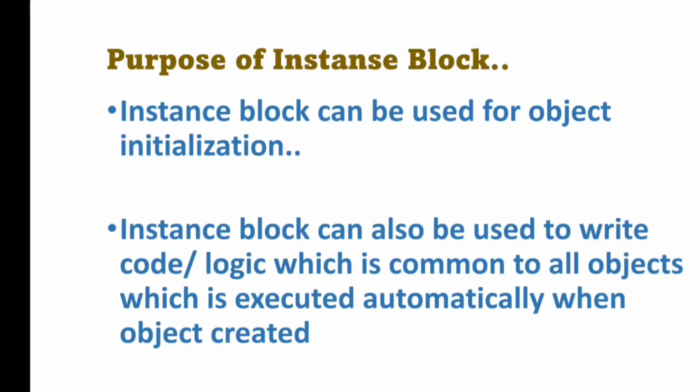And how we can initialize an object using instance block, we already discussed practically in the Java constructor tutorial. Okay. Now the second purpose is that instance block can also be used to write code which is common to all objects, which executes automatically when an object is created. And this is the main purpose of instance initialization block in Java.